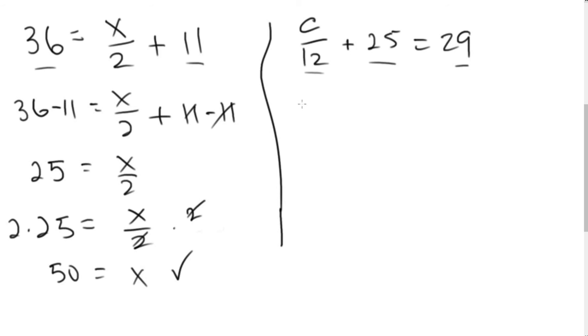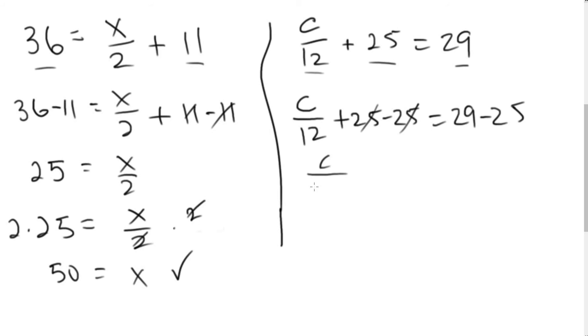So let's do that. This has c over 12 plus 25 minus 25 equals 29 minus 25. I added the opposite. Cancel, cancel. c over 12 equals 29 minus 25, 4.